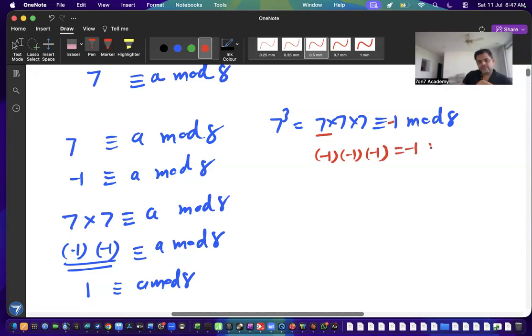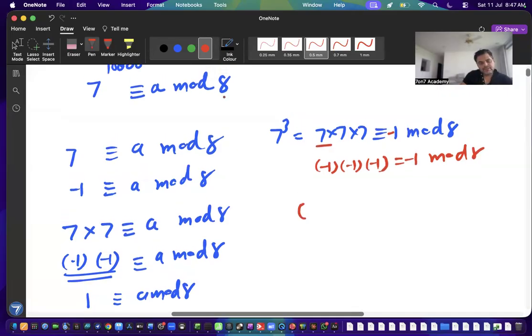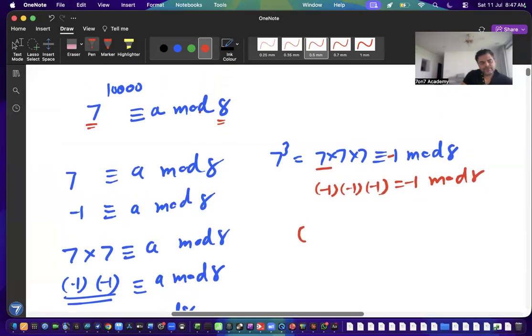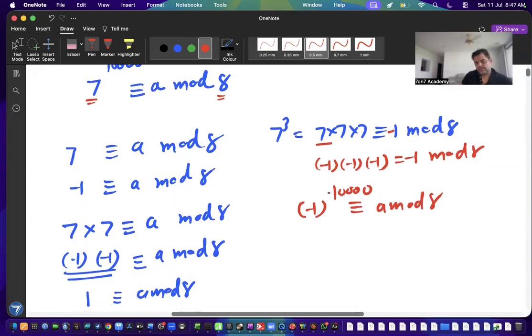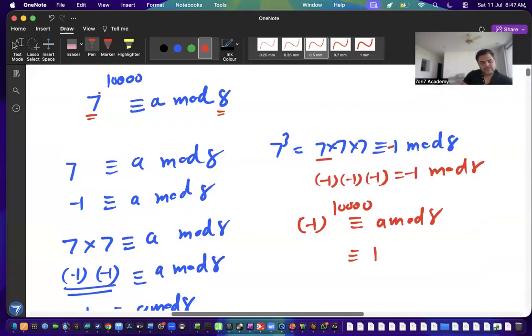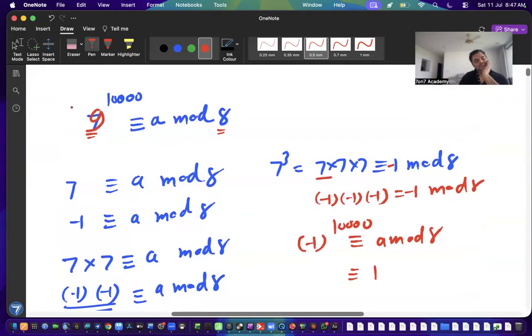Agree? So what we can conclude here: if this number is 1 less than the modulus, then you can replace it by -1 and put the power, whatever power you have. That would give you A mod 8. This one is like A, meaning 1 only, no? Yeah. What if this is 9? Is it the same as 1? Yeah.